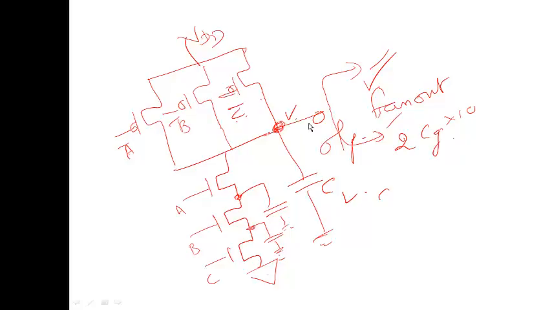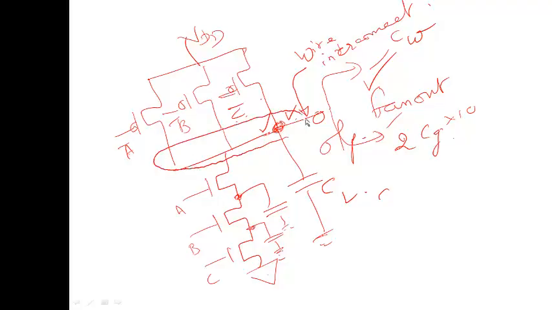In addition, what are the other capacitive components you will have? We have discussed this many times. You have the wire interconnect contributing some capacitance value. About the wire interconnect resistance and capacitance, we will study in detail in a later chapter. Presently just remember you have another component, CW, which is due to the wire capacitance, and then most importantly the other parasitic capacitive components due to the devices connected at this point.